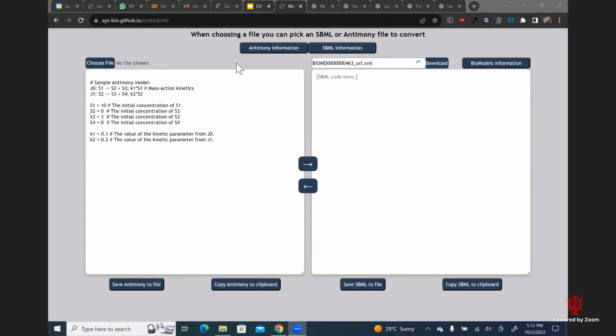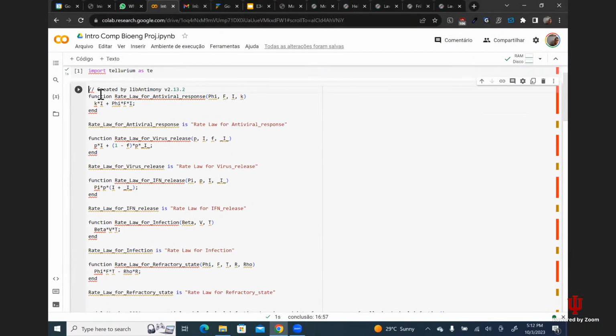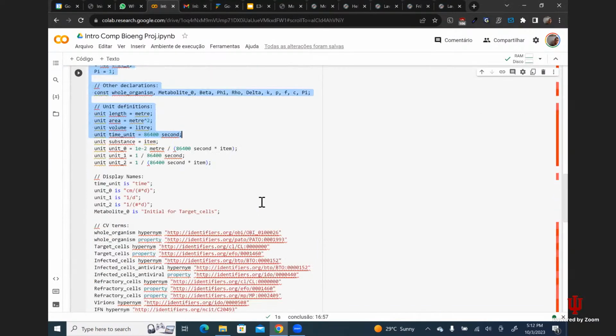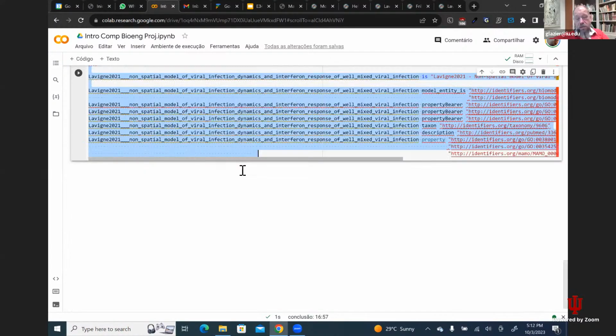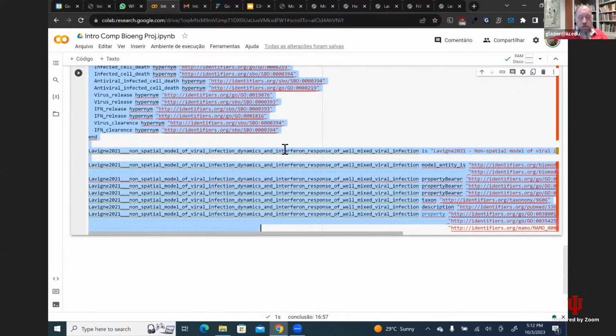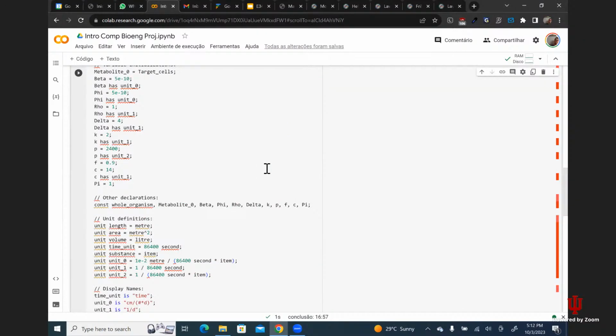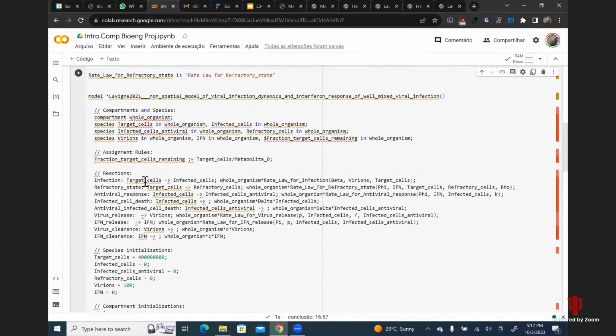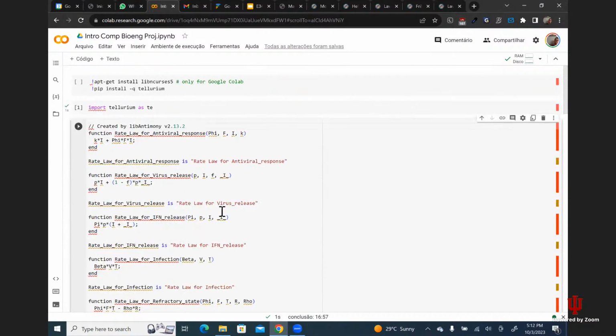So I tried to grab a model from BioModels, and it gave me a giant string with a lot of stuff. Yes, that's typical. Okay, so do I put this into the load function? Yes.